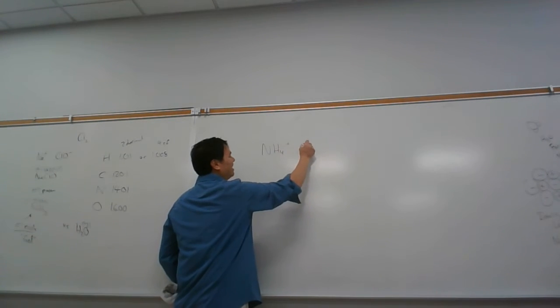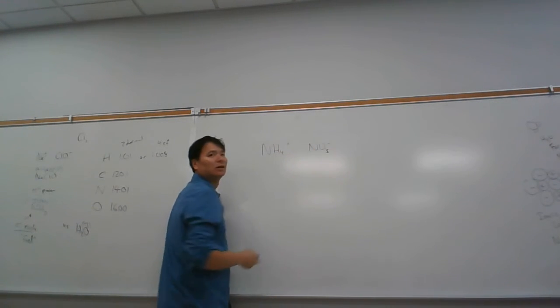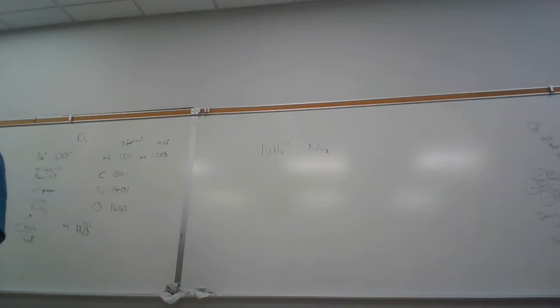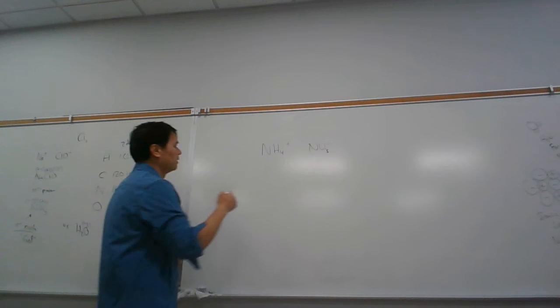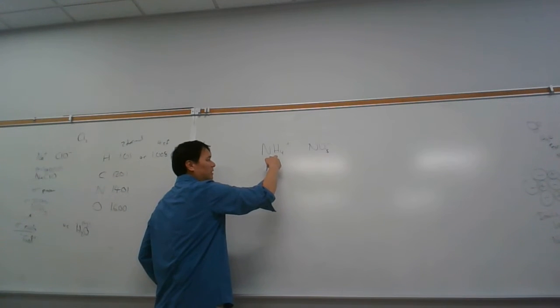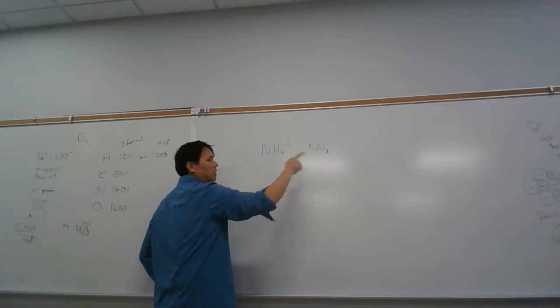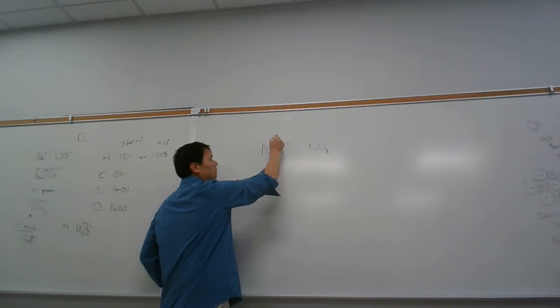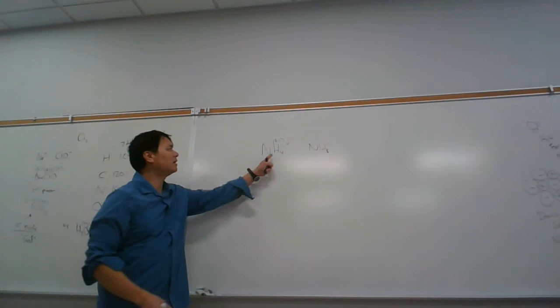Ammonium nitrate. Look at the oxidation states on ammonium nitrate. First, let's do ammonium. Hydrogen is what? In compounds, rule number 4, hydrogen is +1. And then these have to add up to +1.